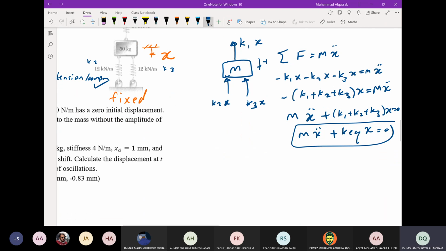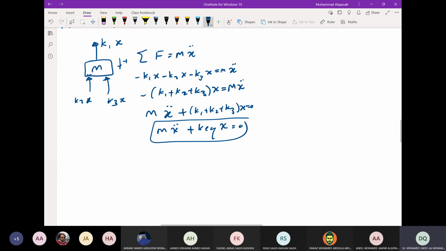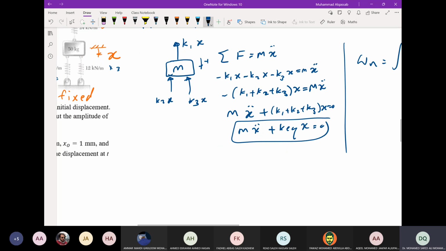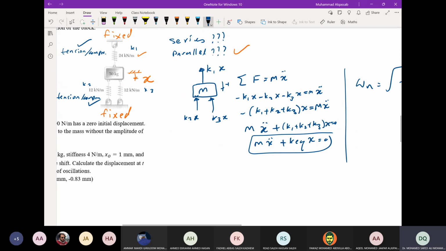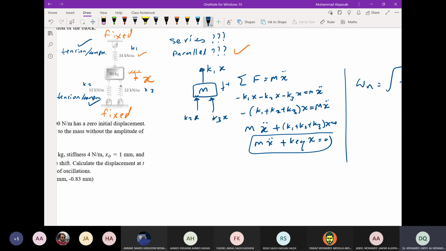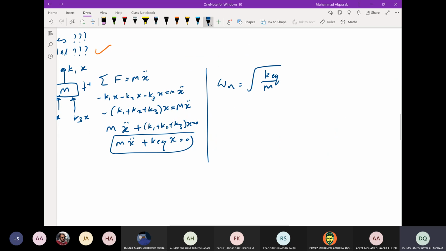So directly you can use omega n equal to the square root of K equivalent divided by m. The units are given in kilonewton per meter, so you have to convert to newton per meter. It is 24 plus 12 plus 12, which is 48.